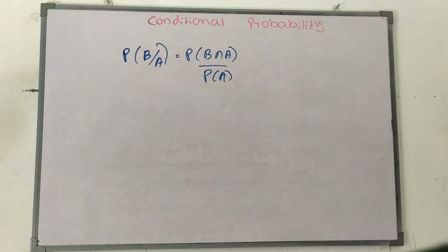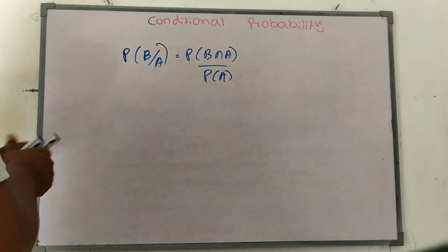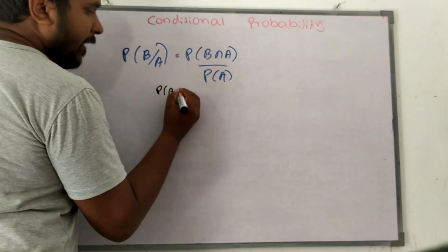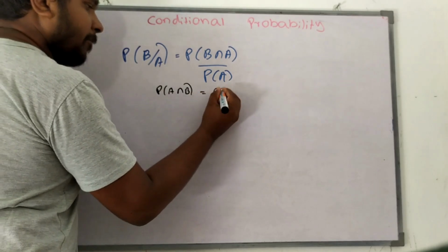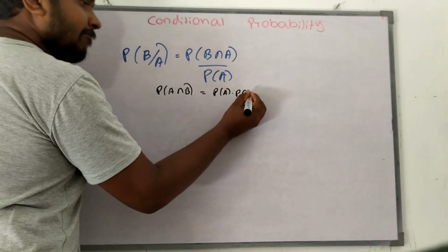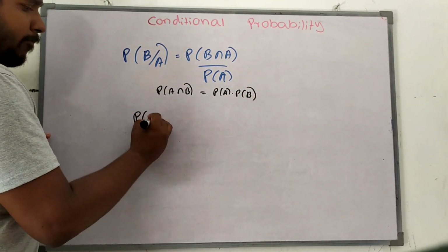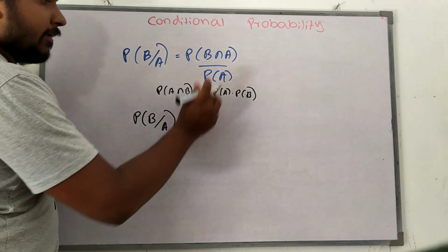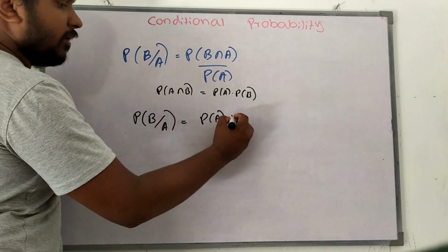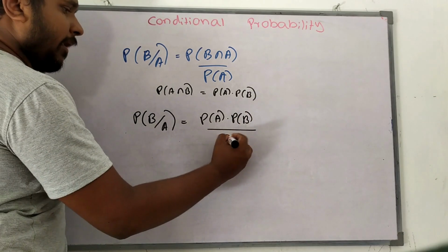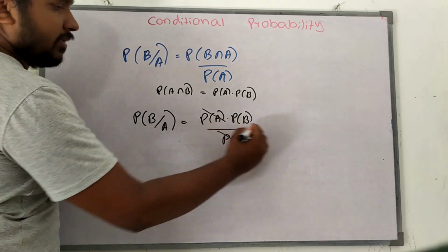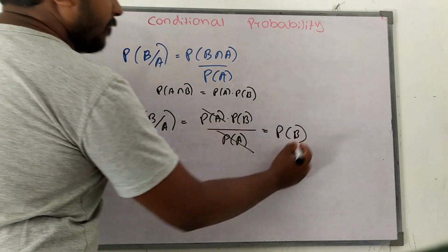If A and B are independent, it means P(A intersection B) will be P(A) into P(B). So then P(B over A) can be written as P(A) into P(B) over P(A). These cancel. P(B). Right?